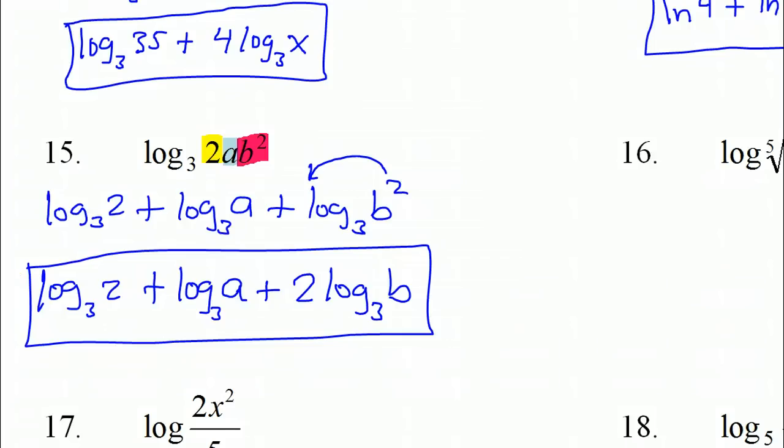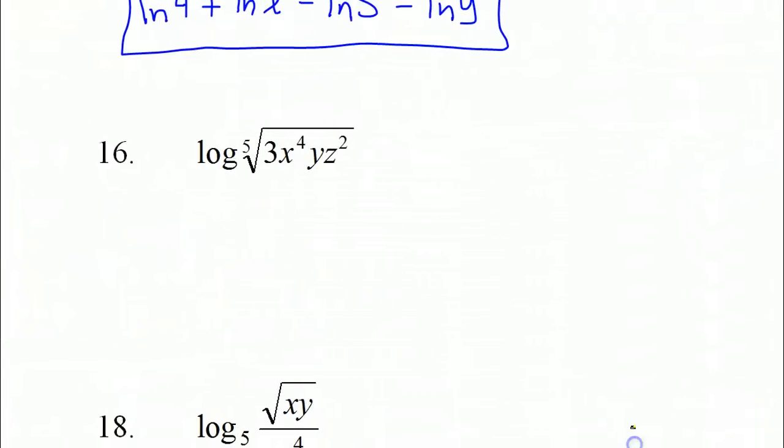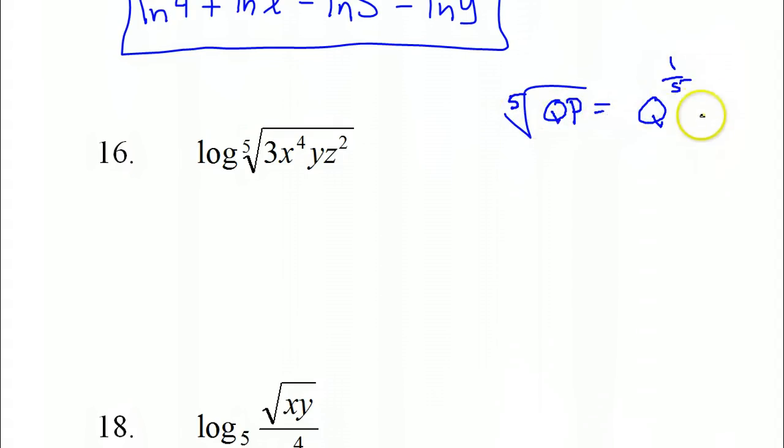Okay, got to be careful that we have this fifth power on everything. Please remember the fifth root. Please remember that the fifth root of q is the same thing as q to the 1/5 power. Okay, now say if I had the fifth root of qp, that would be q to the 1/5 power, p to the 1/5 power. Okay, so that's what we're doing.